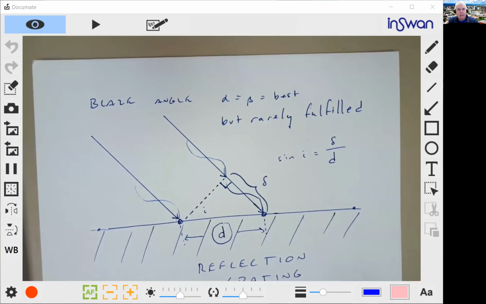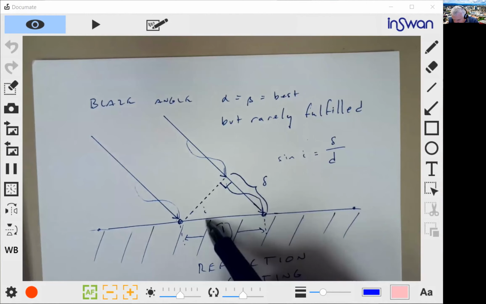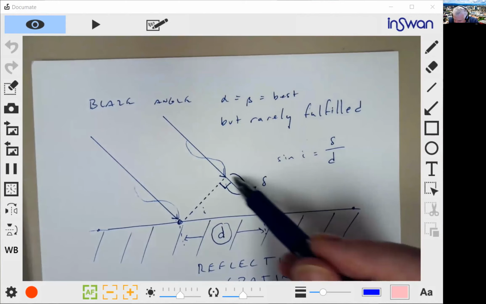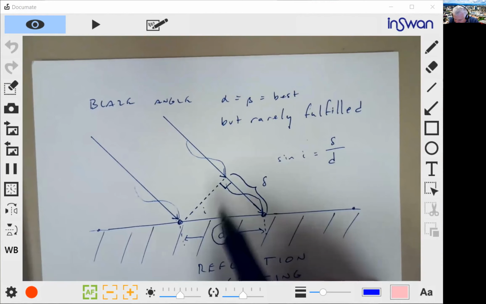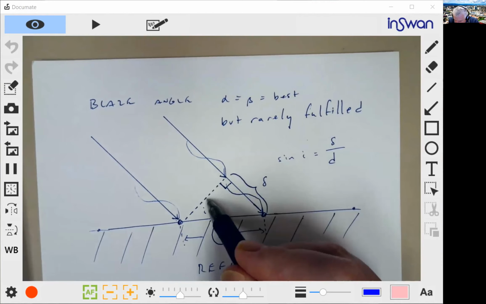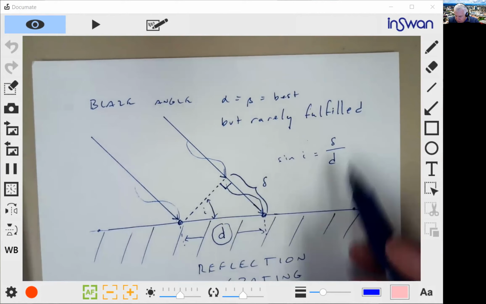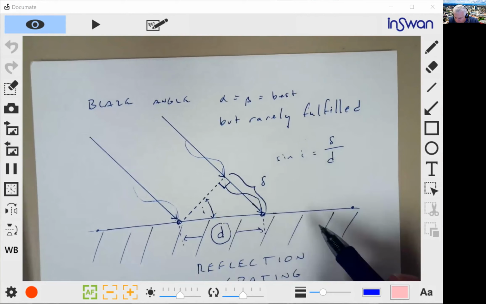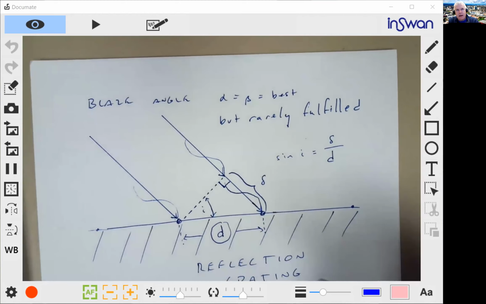Does that make sense? If you have this right triangle here, it's kind of flopped over, but opposite over hypotenuse is the sine function. So the sine of the angle I here is equal to delta over D. And this is really how you go about computing the angles that diffract at a given wavelength from a grating.